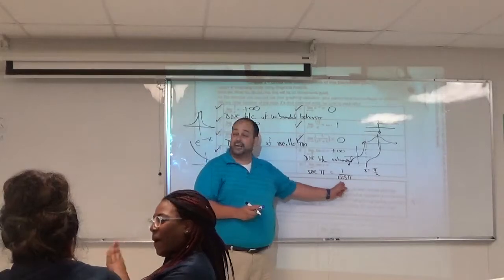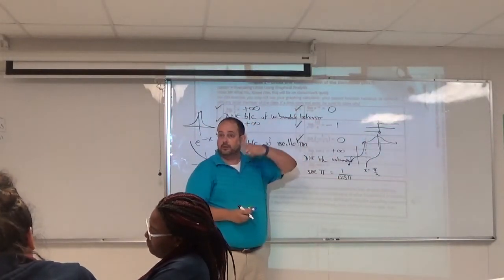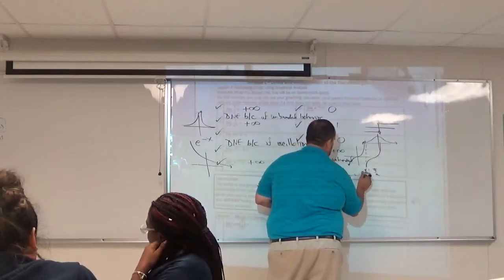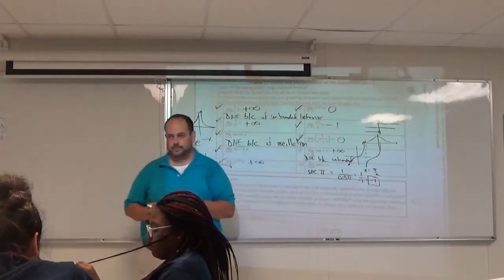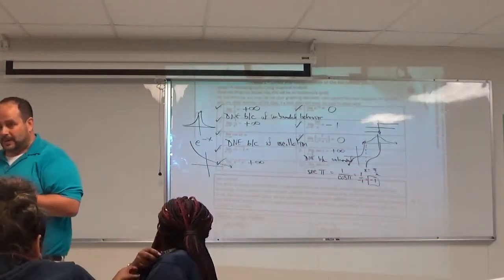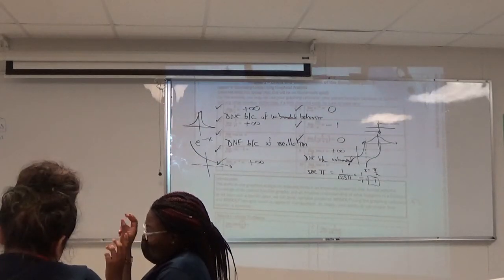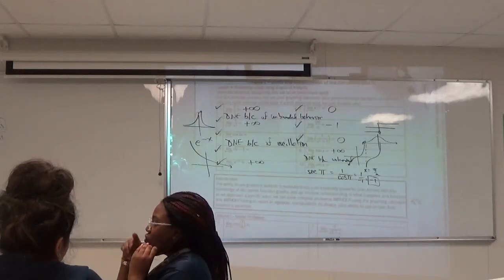Cosine of pi. Now if you think about your unit circle, pi, you're on this side. The cosine of pi is negative 1, not 0. I would expect that 1 through 8 need to go well. 9 and 10 are the tough ones. 1 through 8 we can't afford for that to be the tough ones.